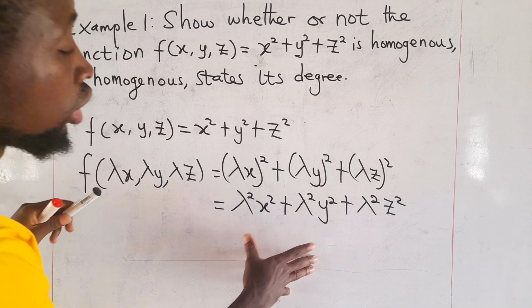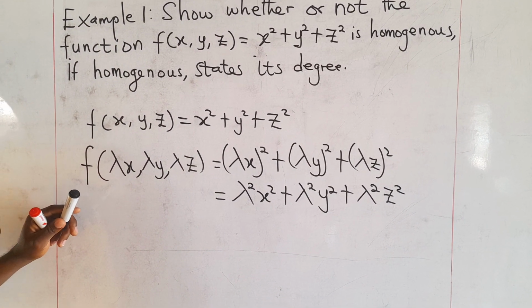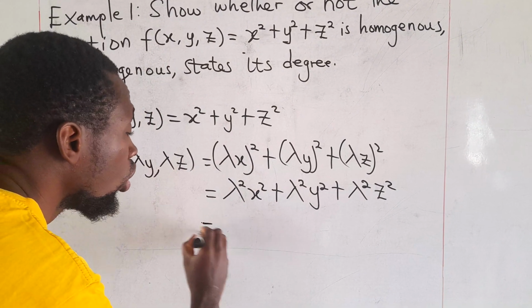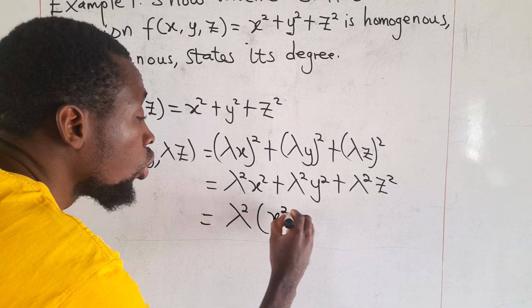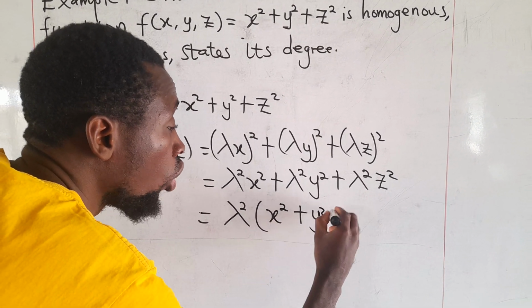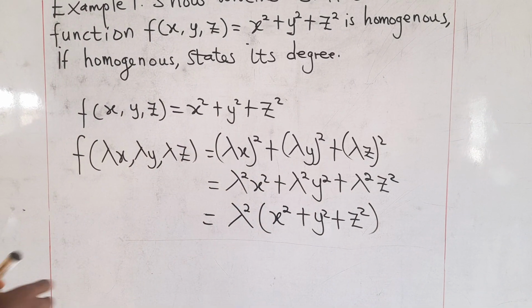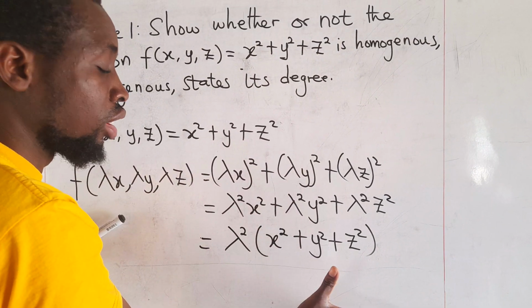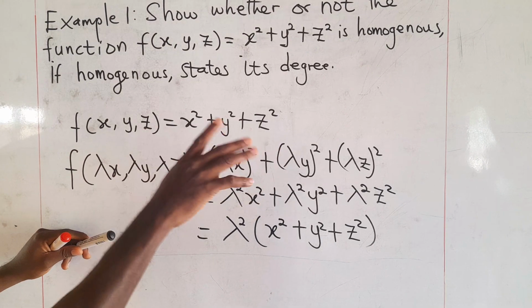Now, after we do that, we try to factor out the common parameter lambda. You see we have lambda squared, lambda squared, lambda squared, so we can bring it out. So we say lambda squared out, we'll be left with x squared plus y squared plus z squared. After we factor it out, ask yourself, did you get the function back? Look at the function. Yes, we have gotten the function back. When you get the function back, then the function is homogeneous.